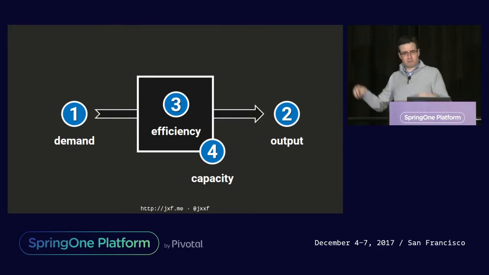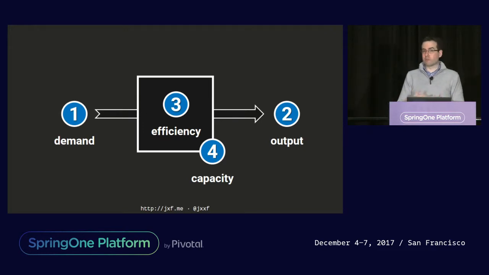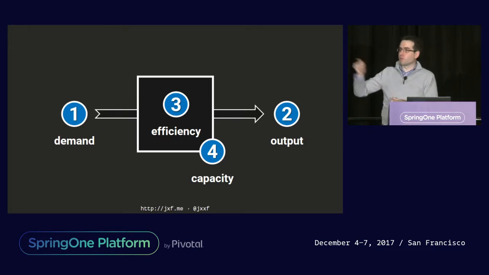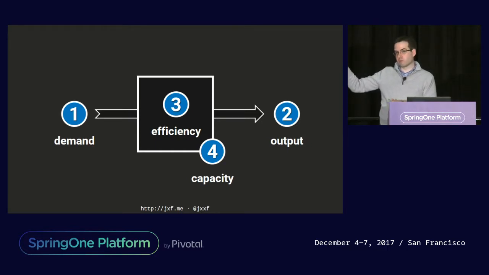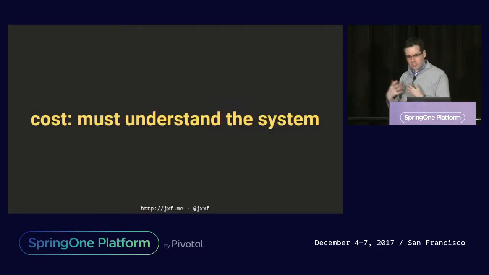Maybe it's not the same person for all. It's not like one person needs to know everything. But there must be someone somewhere who understands that and can tell you what these metrics are, or can come up with a proxy or a reasonable approximation to the metrics there. So the cost and the trade-off here is that you have to understand the system that you'd like to measure.